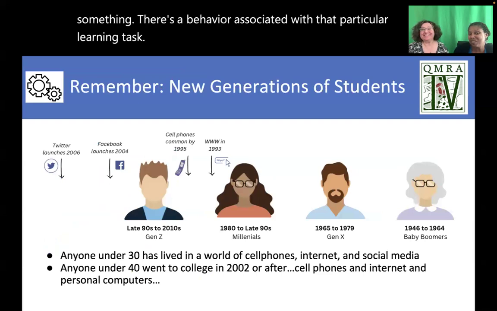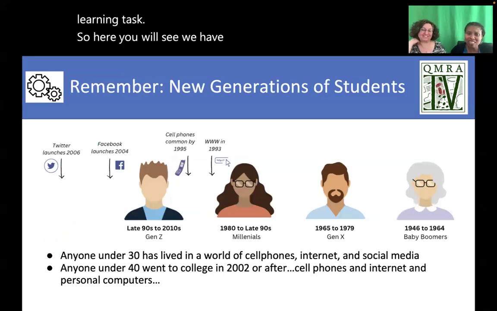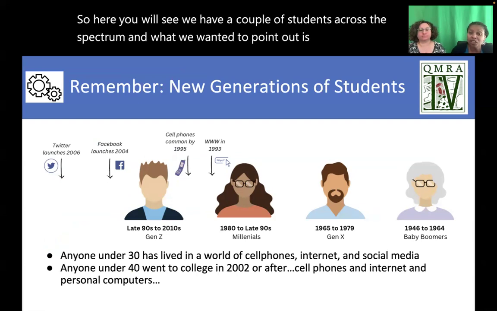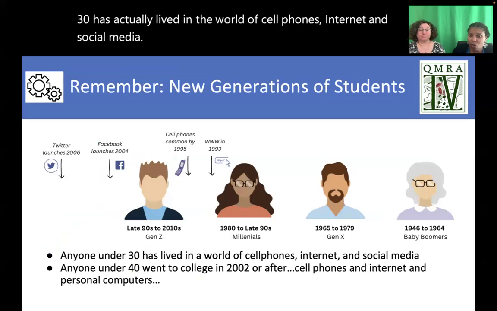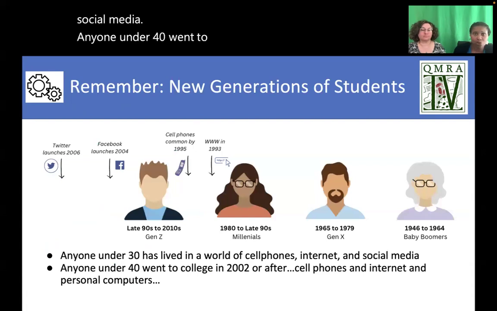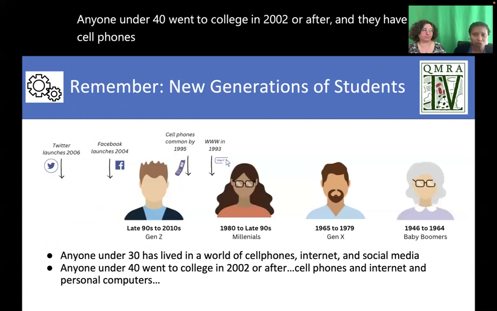So here we have a couple of students across the spectrum. What we wanted to point out is that anyone under 30 has actually lived in the world of cell phones, internet, and social media. Anyone under 40 went to college in 2002 or after, and they have cell phones, internet, and personal computers.